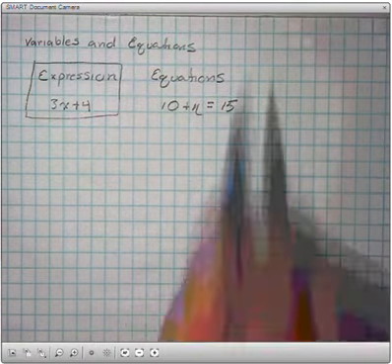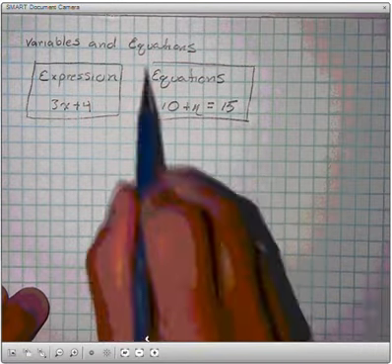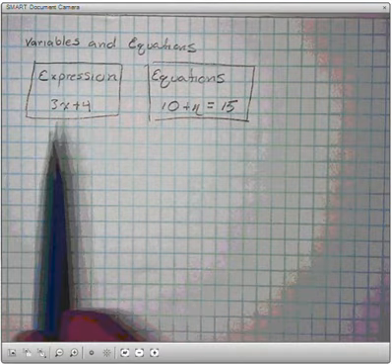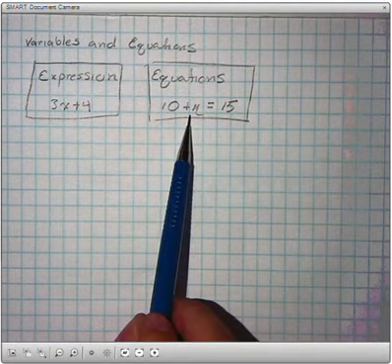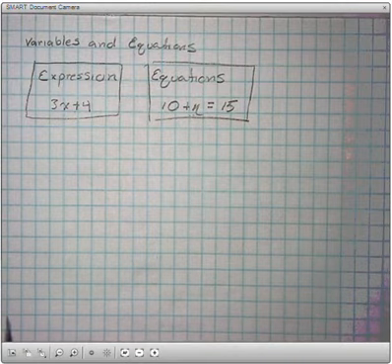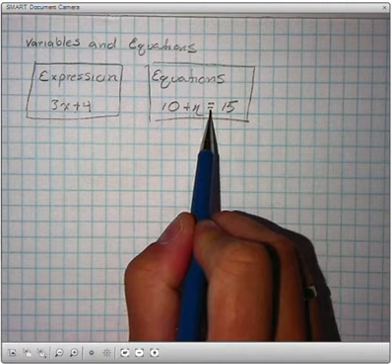So we have a variable and an equal sign. The difference between an expression and an equation is that an equation can be solved for the variable. And this idea that one side is equal to the other side is really handy.